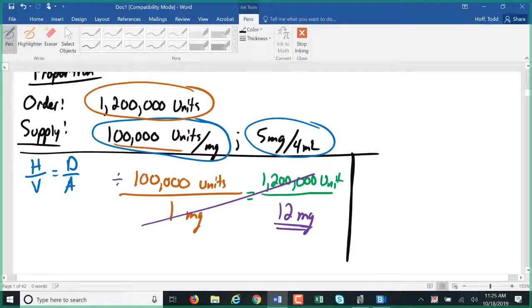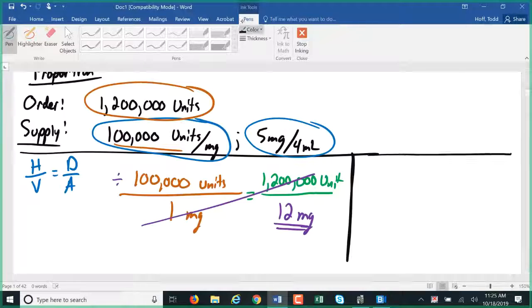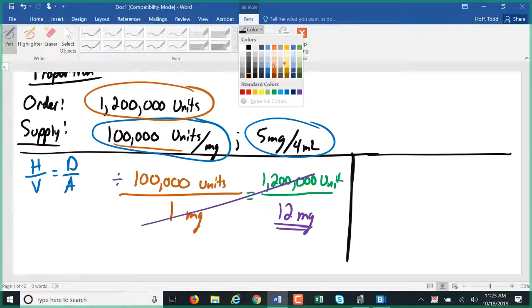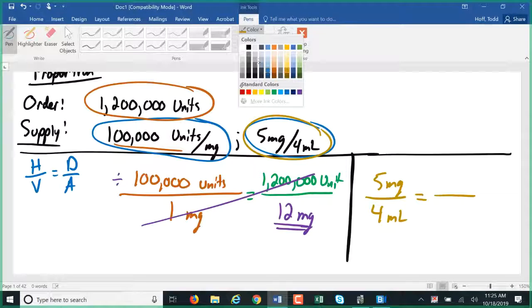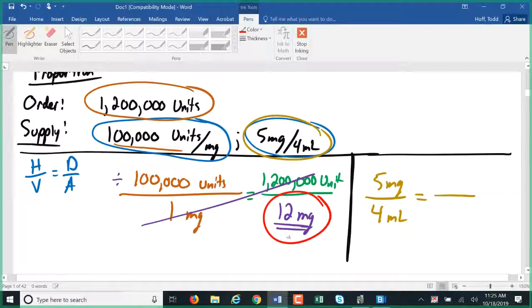We're going to set up this proportion a second time using our second on-hand dose equal to 5 milligrams per 4 milliliters. On the other side of that, we're going to use this result, the 12 milligrams, as our ordered dose.